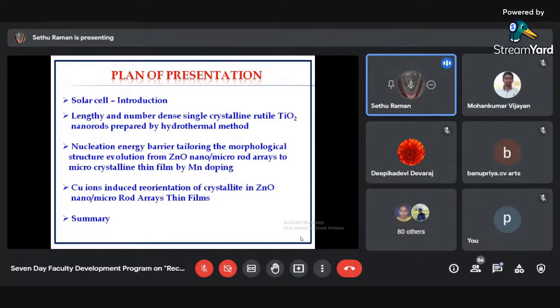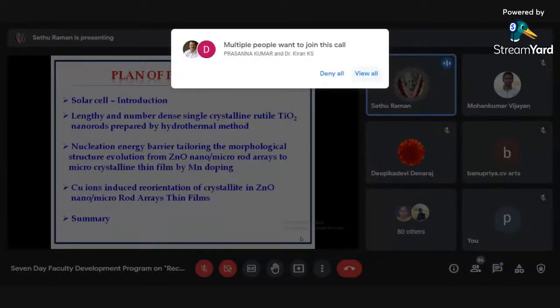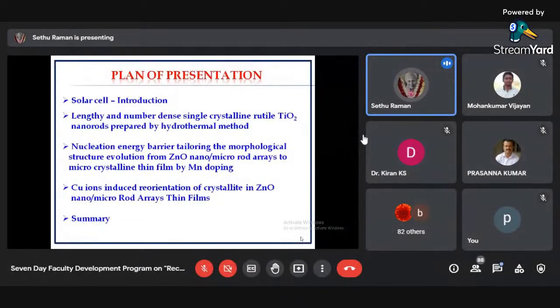One is how we prepare TiO2 nanorods by a simple hydrothermal technique using a seed layer on a bare glass substrate, so how we get long and dense semi-crystalline TiO2 nanorods. Second, the preparation of zinc oxide nano as well as micro rod arrays, microcrystalline thin films, by using Mn doping and copper ions. The third one is how copper ions induced a reorientation of the crystallites in zinc oxide nano-micro rod arrays.